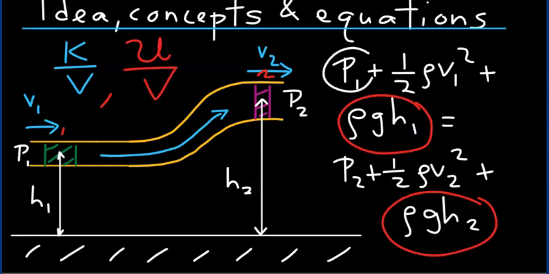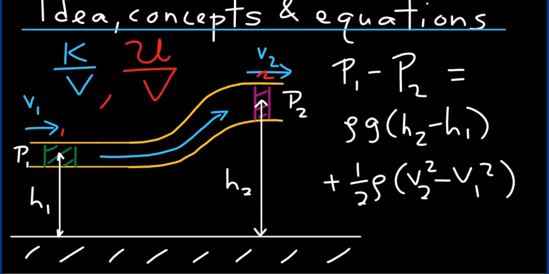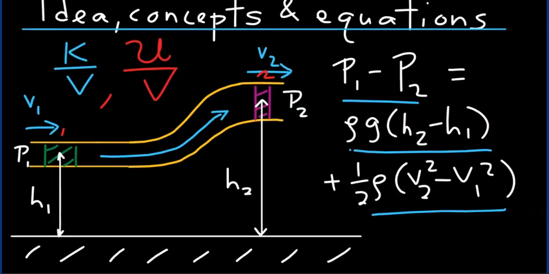Thus, the term P1 minus P2 can be viewed as the work per unit volume of fluid. By rewriting Bernoulli's equation in the following manner, we can see that the work per unit volume of fluid is equal to the sum of the changes in kinetic and potential energies per unit volume. So one can clearly see the conservation of mechanical energy in action here.